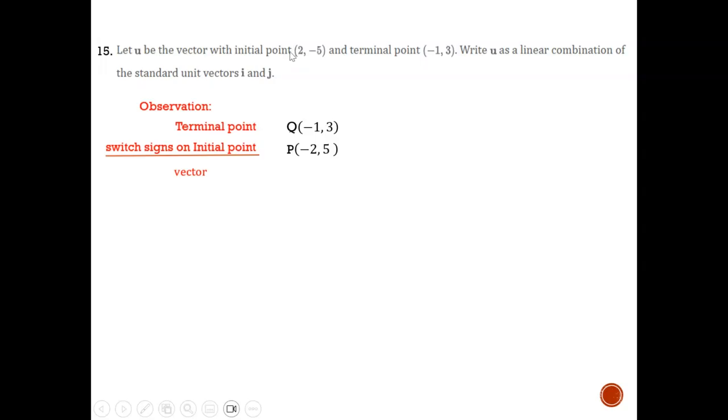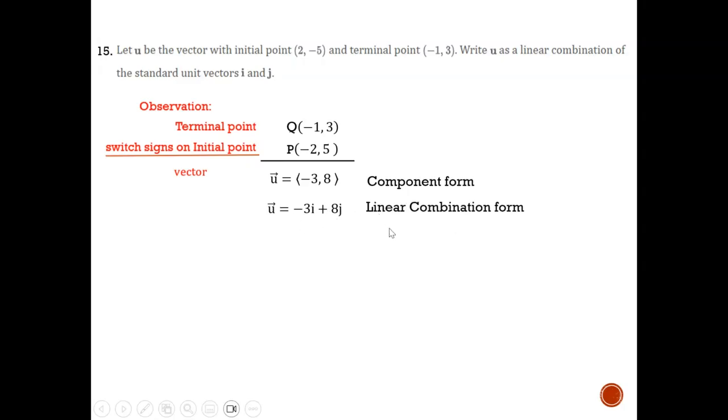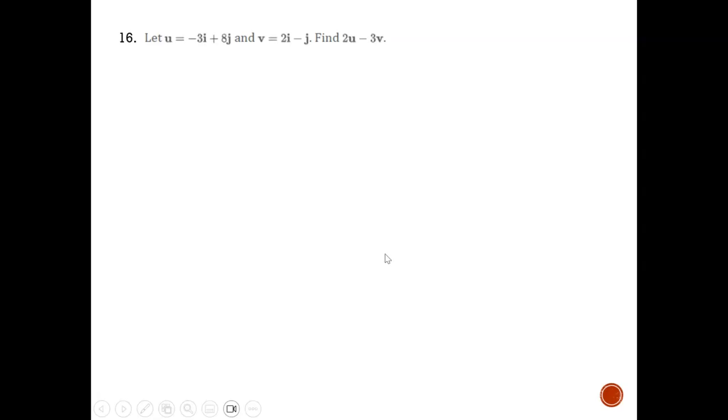You switch the signs, because it's minus, so it'll be negative 2, comma, 5. Now we add them, and vector u is negative 3, 8. Now, they want you to put it in linear combination form. But this is component form. Vector u is equal to negative 3i plus 8j. This is linear combination form. Okay, and that's it for that one.